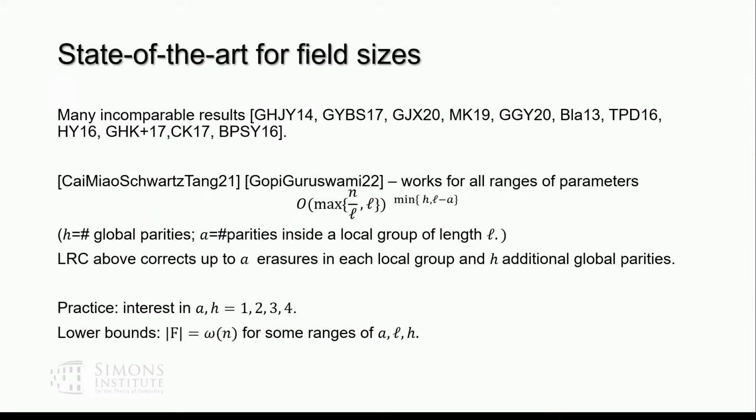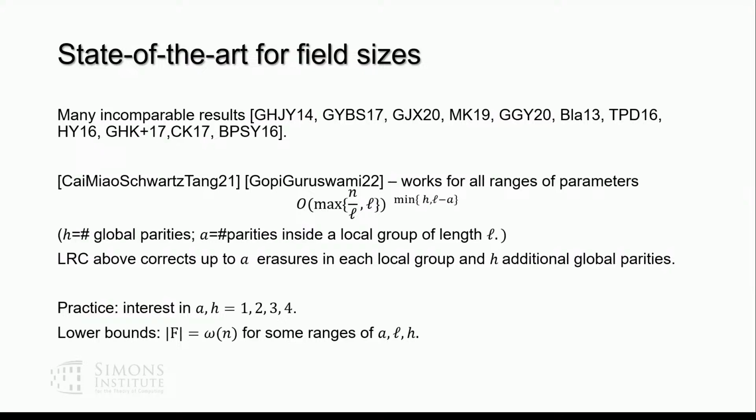There is a lot of work in this area, and I should point you to experts in the audience, like Arya and Mary, who have worked in this area, and of course Venkat, who has worked on everything.